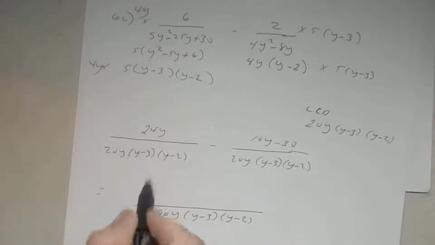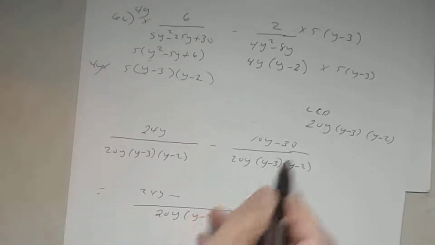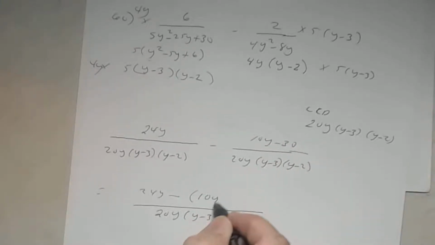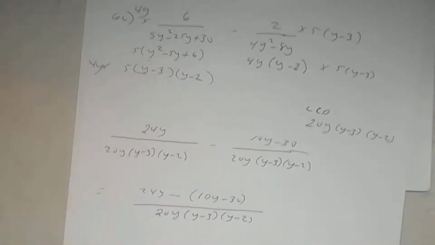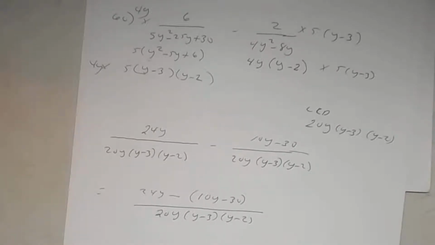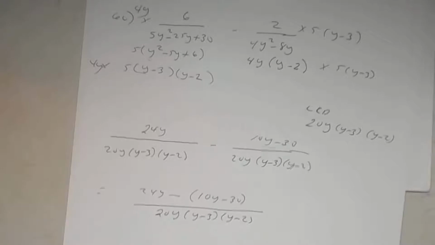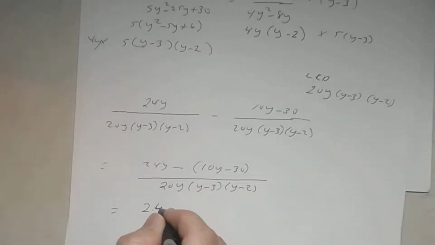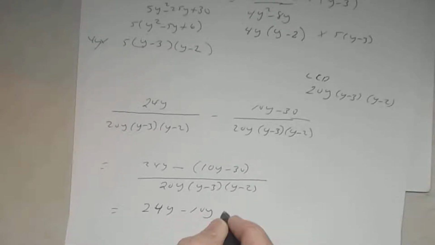So now I'm going to get 24y minus 10y minus 30 from the numerator, in parentheses. Now you could have skipped that part and just said 24y minus 10y plus 30. So 24y minus 10y plus 30.